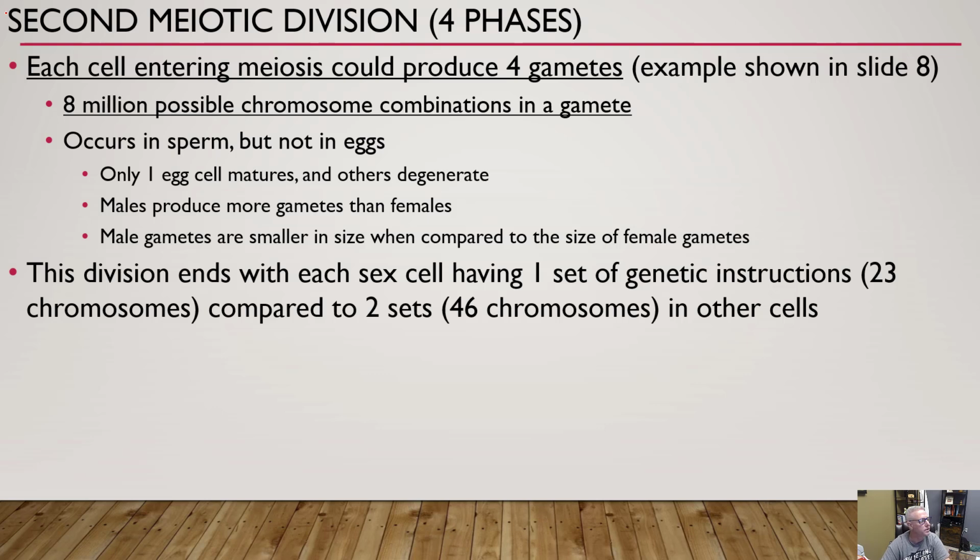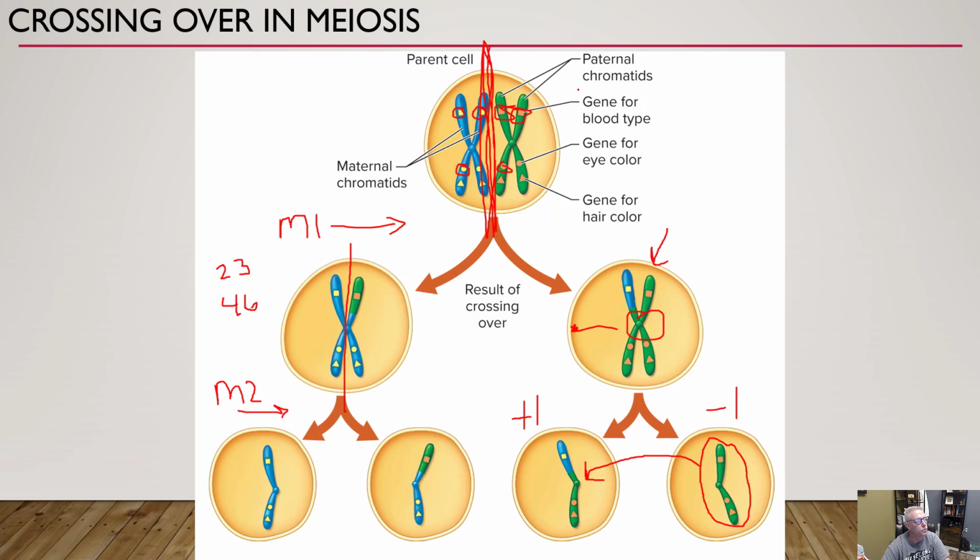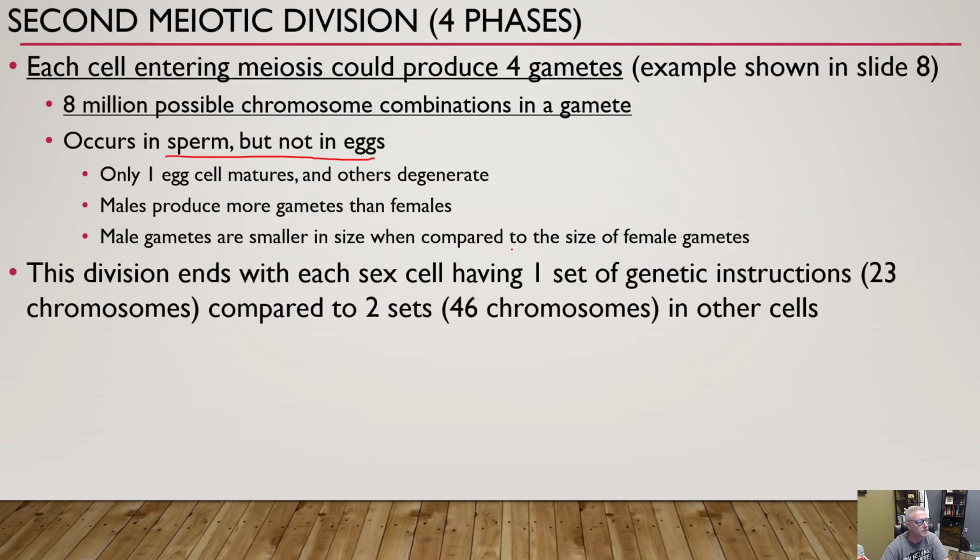This occurs in sperm, but not in eggs. In sperm, we have one cell that produces 4 different sperm cells. But in eggs, the process is a little bit different, and we'll talk about how the egg goes through this process a little bit later on.